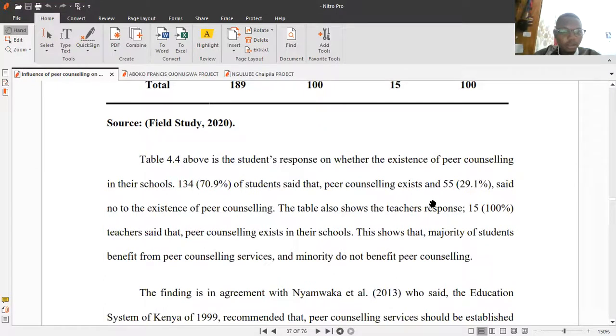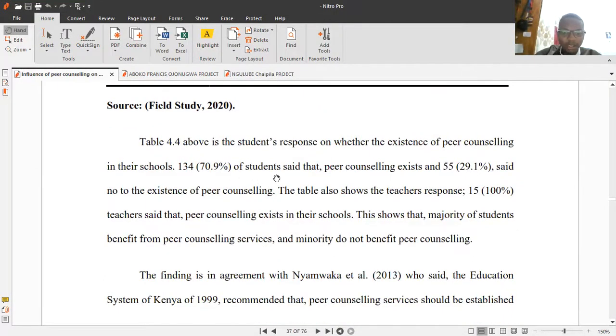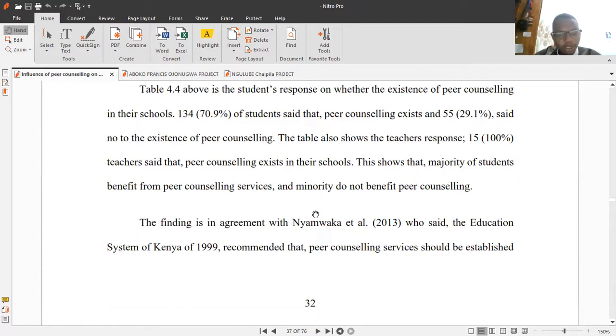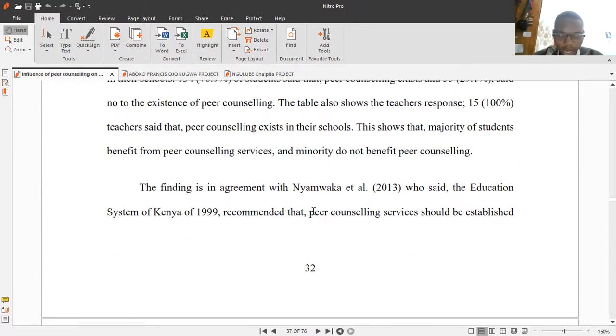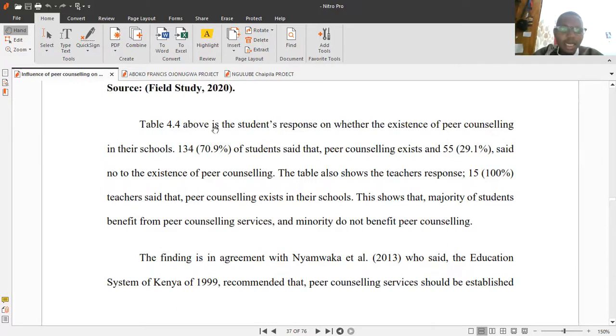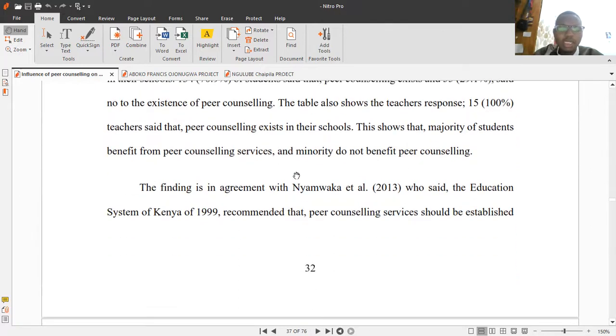So then you analyze it here, and you just comment. Now there was a very important issue that I was mentioning in chapter 2. Whatever you did in your literature review, for example, you bring a study relating to whether there is counseling or peer counseling in schools.